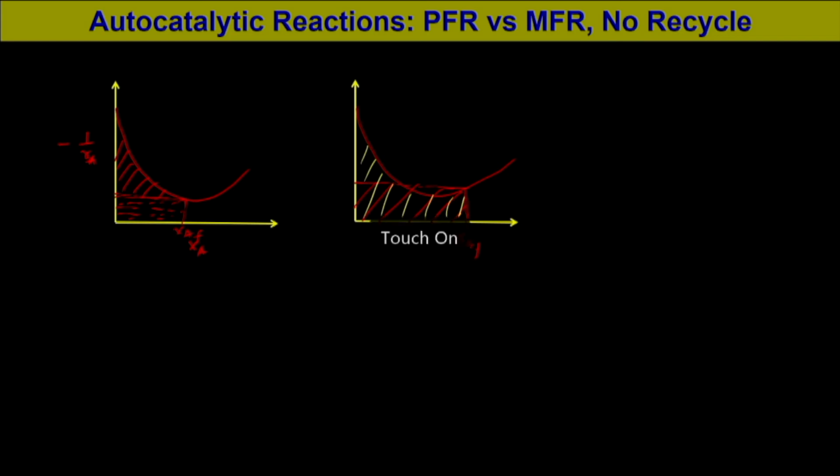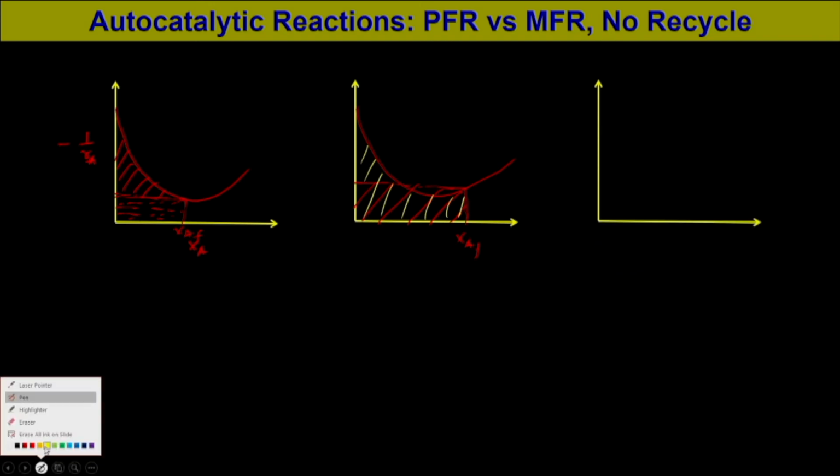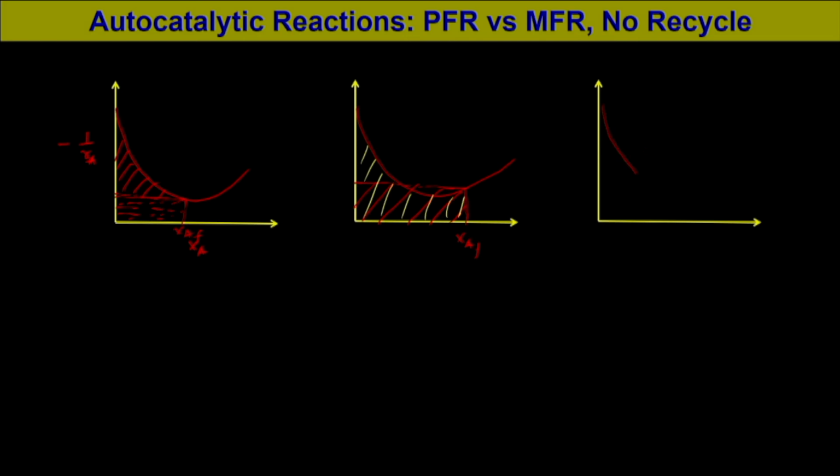Now, if we take a very high conversion, this is the volume required for CSTR, and the PFR volume would be this much.